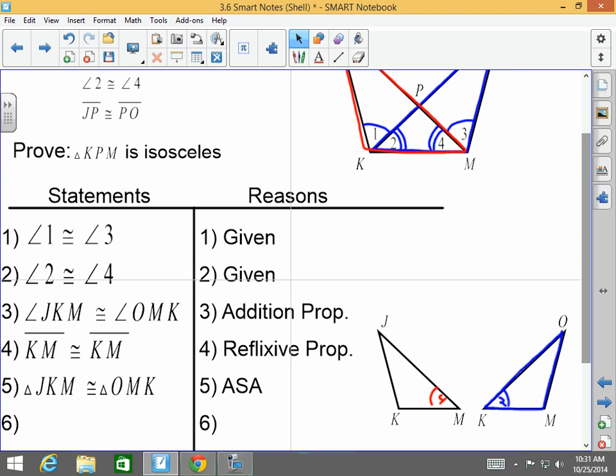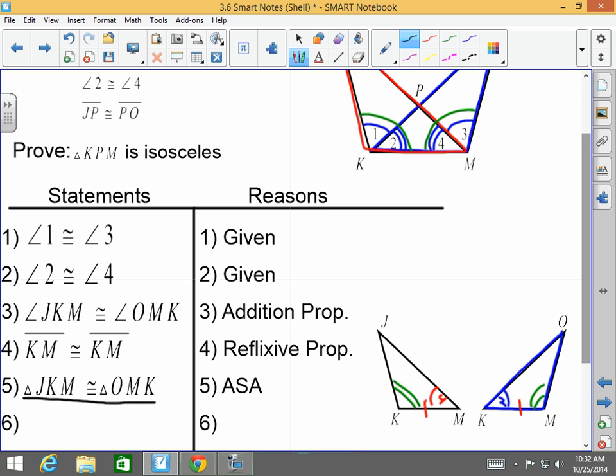Then we proved, because angle 1 is congruent to angle 3 and angle 2 is congruent to angle 4, that angle JKM, which is right here, is congruent to angle OMK, which is right here. And then we proved that KM is congruent to KM because of the reflexive property. And that's how I got to triangle JKM is congruent to triangle OMK because of angle side angle.